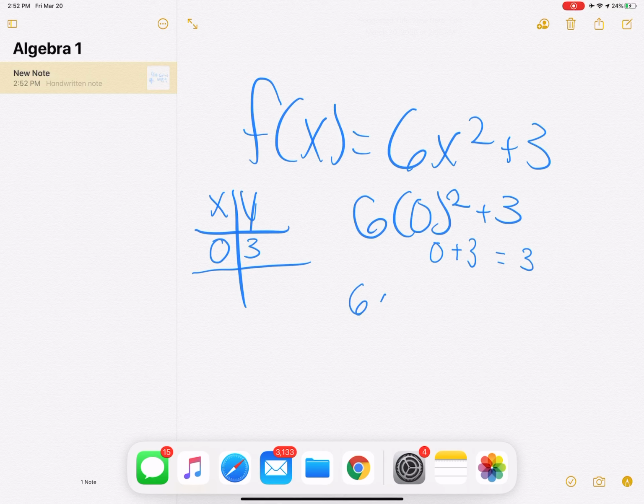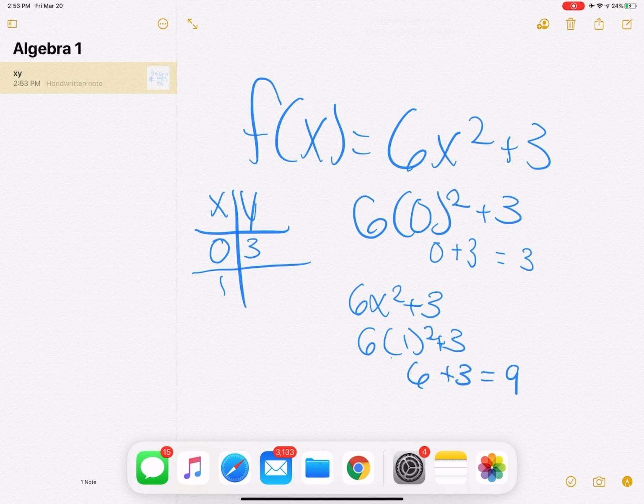We got 6x squared plus 3, right? Okay, we'll just do 6 times, let's do 1 squared plus 3, okay? 1 to the second power is 1 times 6 is 6. 6 plus 3 equals 9, okay?